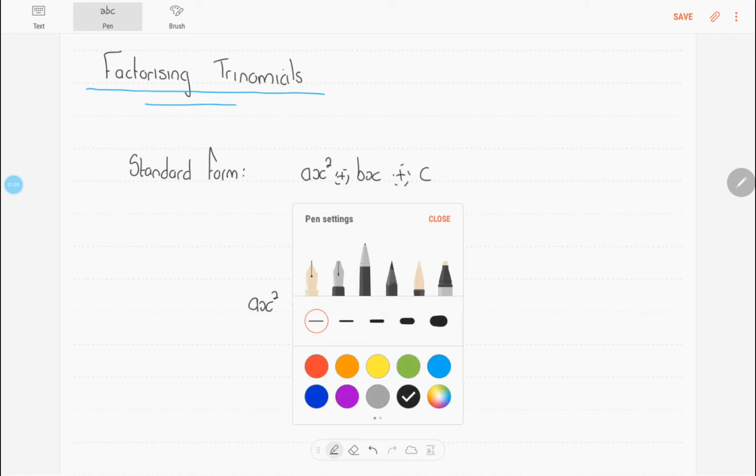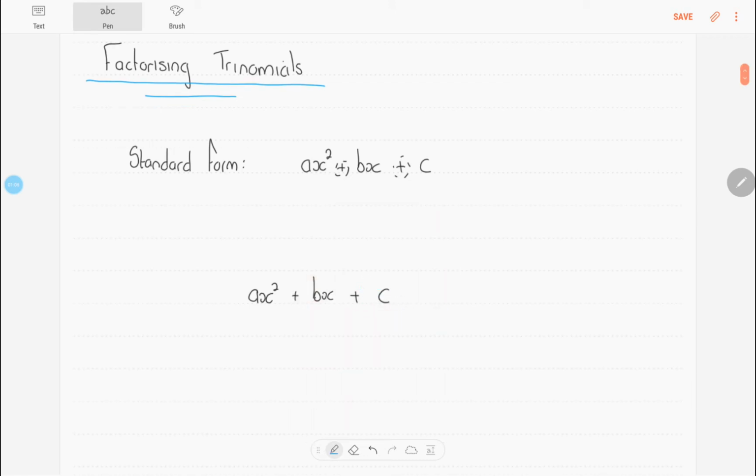So what does this positive over here let us know? Okay, so what it tells us is that the signs inside of our brackets, both of those brackets that we're going to factorize, are the same sign. The same sign.